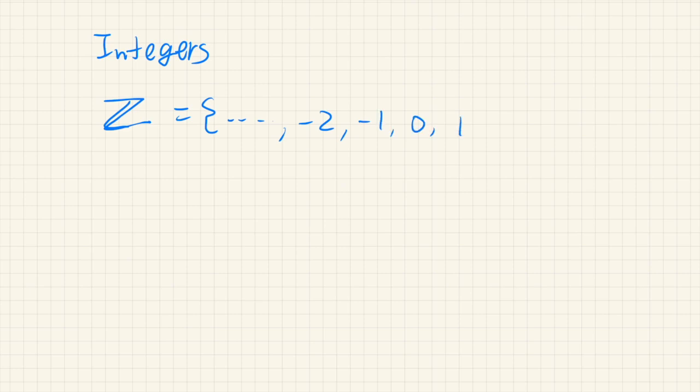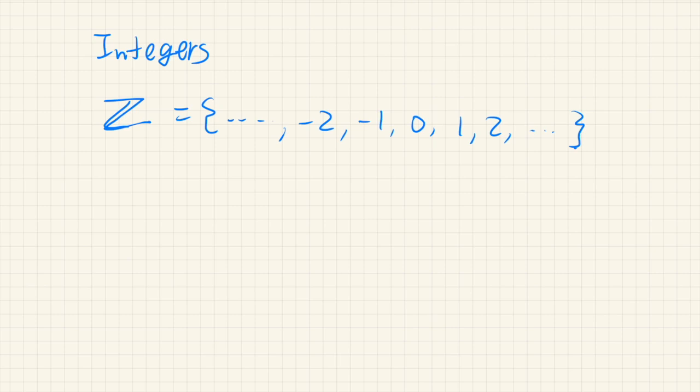Okay, enough about natural numbers so far. The next set of numbers is the set of integers, which we usually denote by the symbol Z. This is the set of negative integers and positive integers, right?